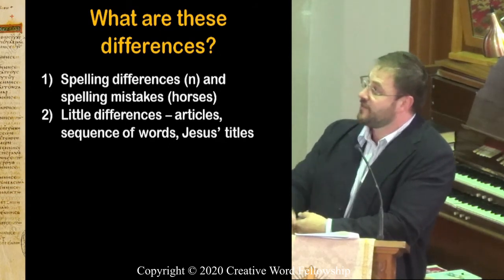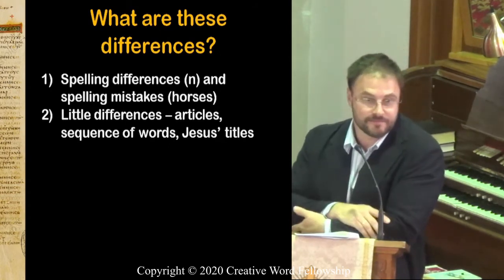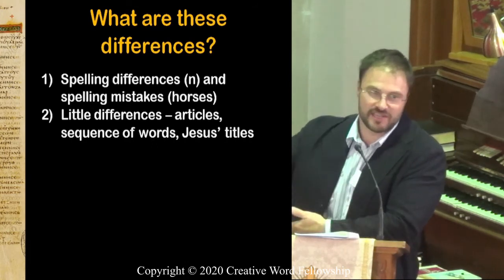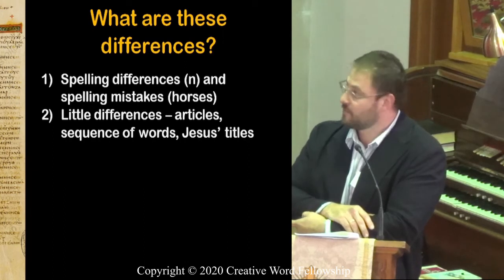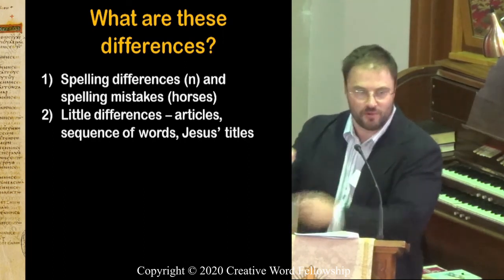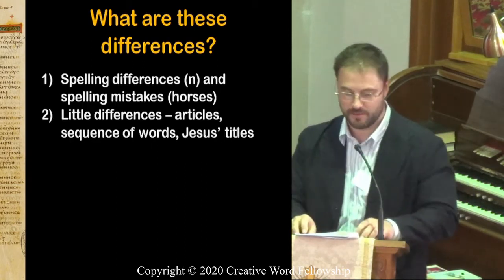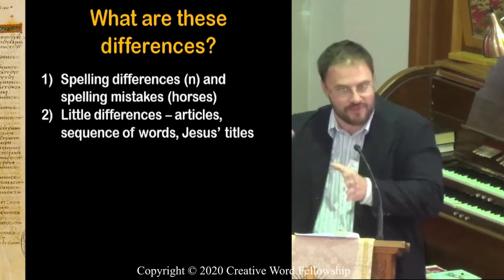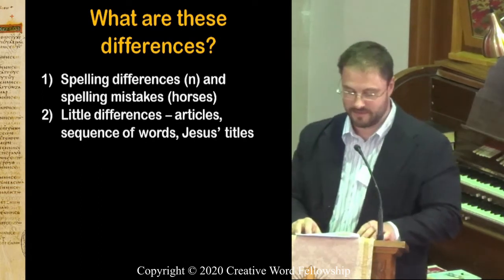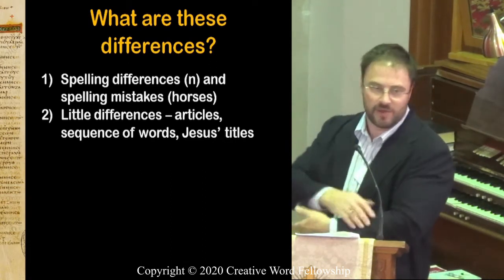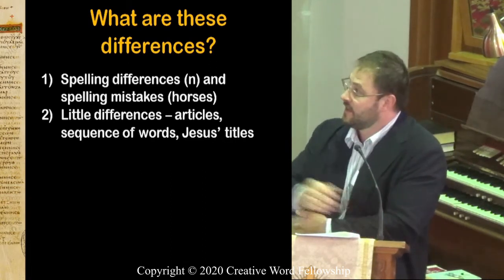Or it could be differences in the sequence of words. In Greek, the sequence of words is not that important. It doesn't change the meaning of the sentence, because they have case endings which indicate which word goes together with which, and so it's different in English. You need to have a certain sequence. In Greek it's much freer, so you can just change the sequence and it won't change anything in meaning.